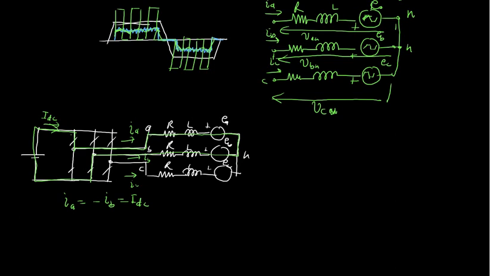It is the same current. If you control this current, then indirectly you will be able to control IA or IB. If you realize that, we call it DC link current control.